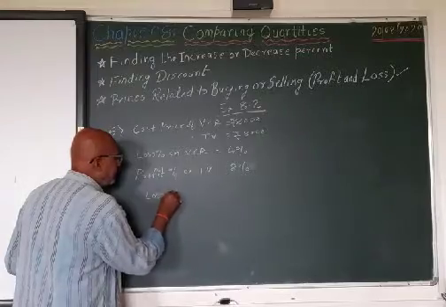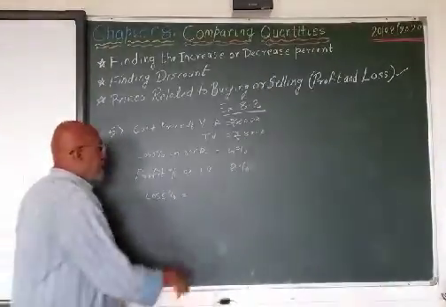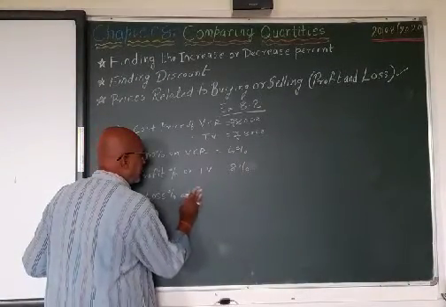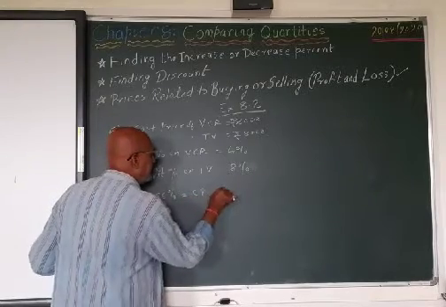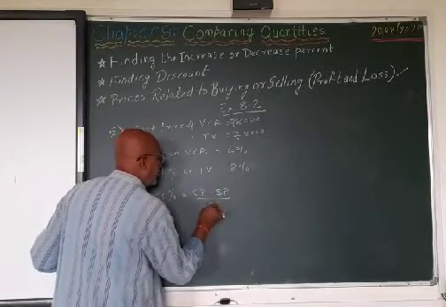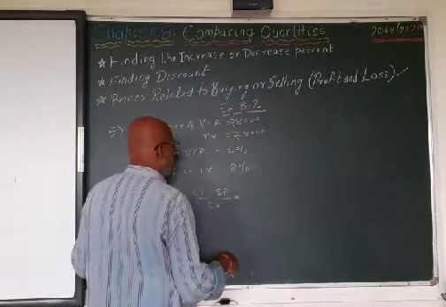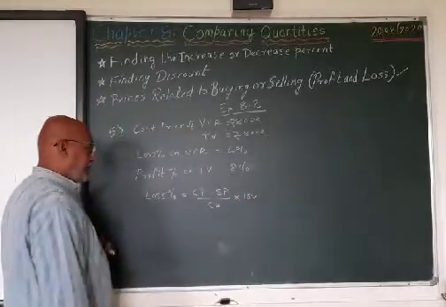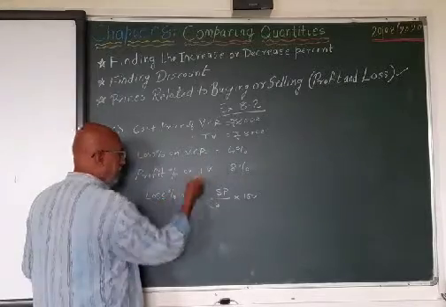So, first loss percentage. Loss percent equal to cost price minus selling price upon cost price into 100. Now, what is the loss percent? It is 4.